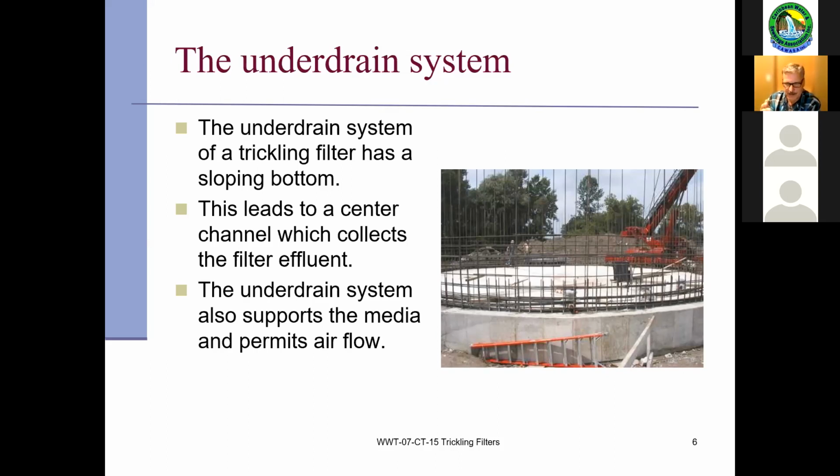There may be an air pump in some systems, but typically they don't have that. They're designed to be simply operated. And like I said, the under drain system supports the media, and that's a really key point.